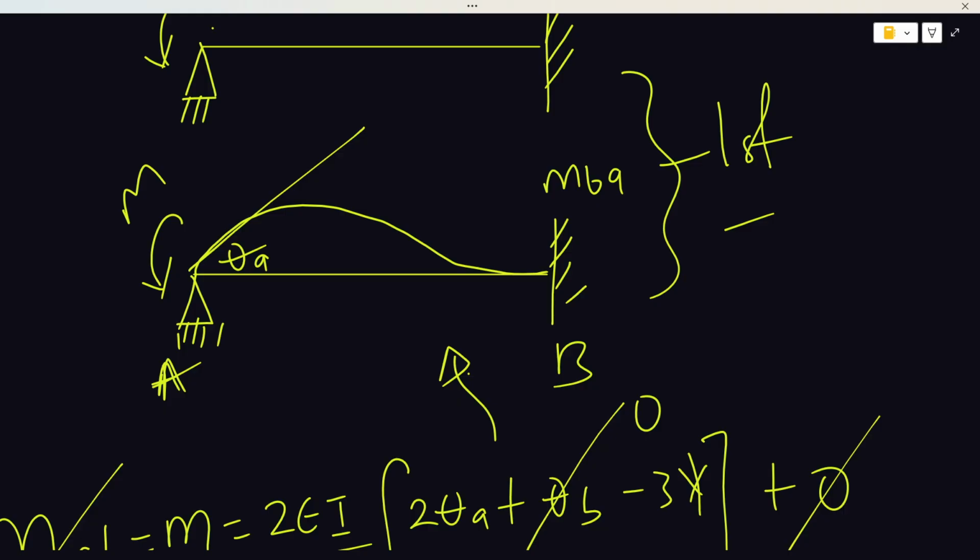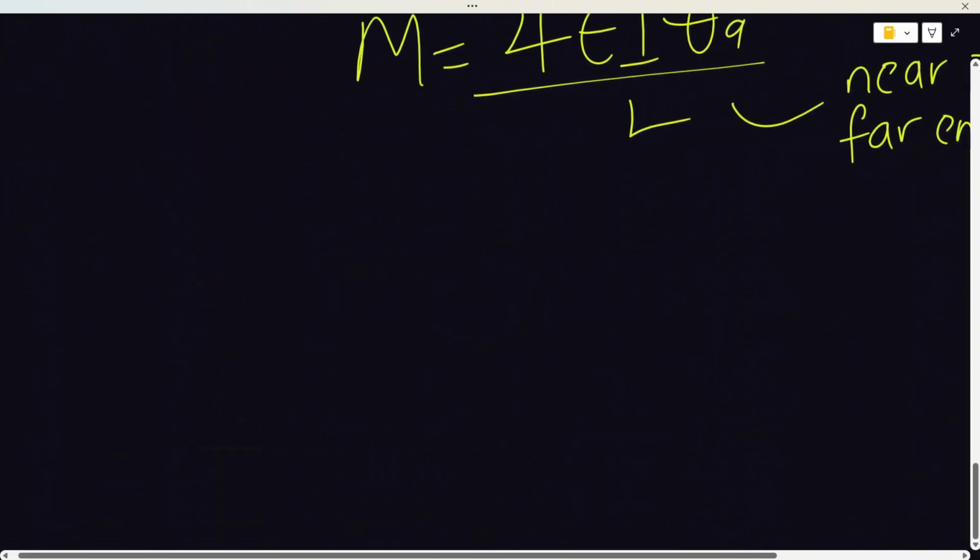So let's do the moment at B now. That is, B is now the near end and A is the far end. There's a difference. Before we did the case that A was the near end and B was the far end. Now we're dealing with B as the near end and A as the far end, which we call MBA.